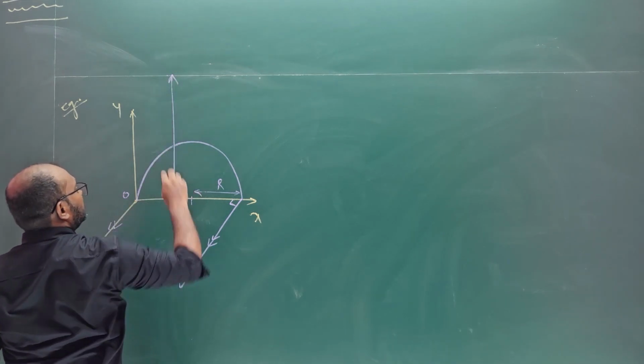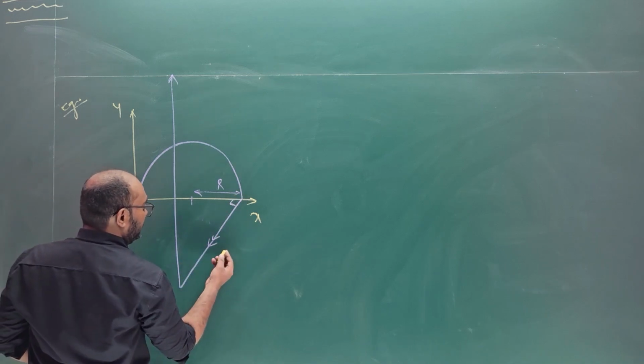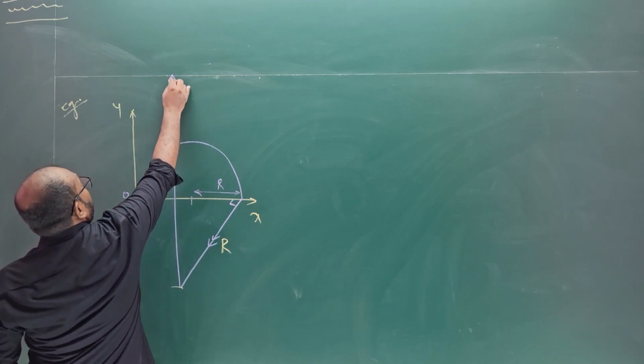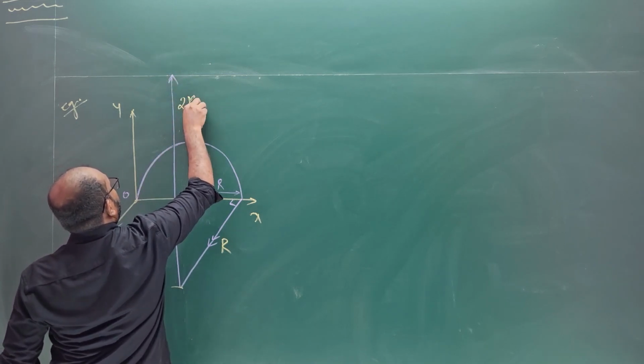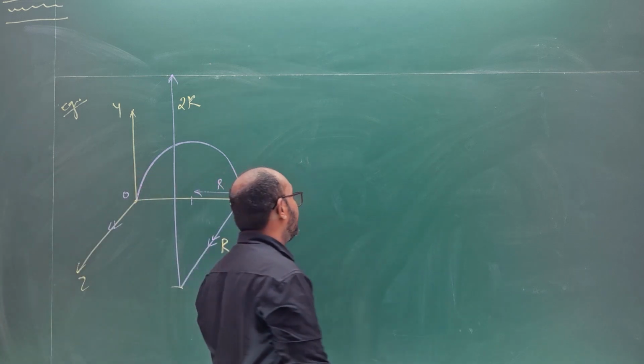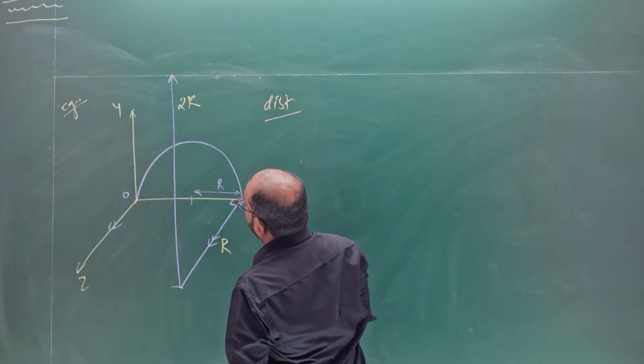Okay, and from here to here the object traveled r, and from this point to this point the object traveled 2r. Question is, find the total distance and the displacement. Let us calculate the distance first.